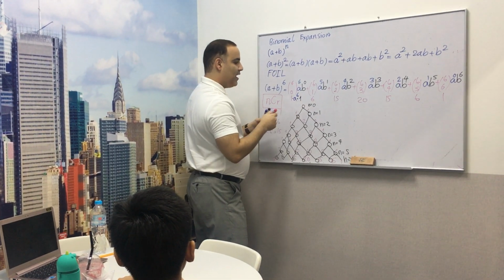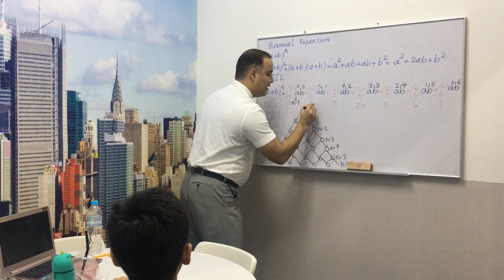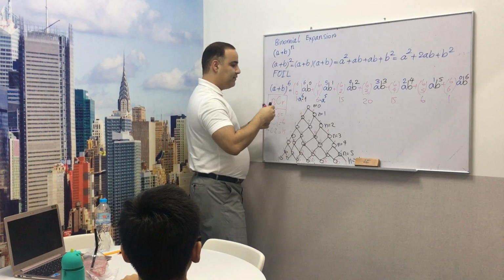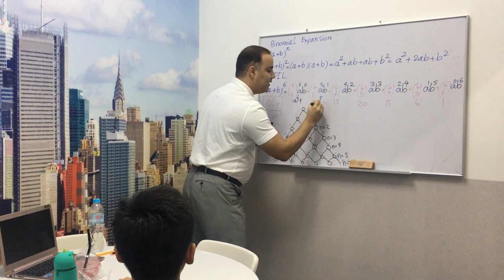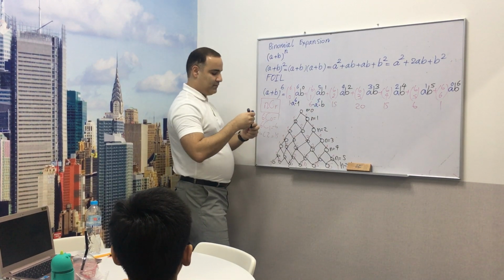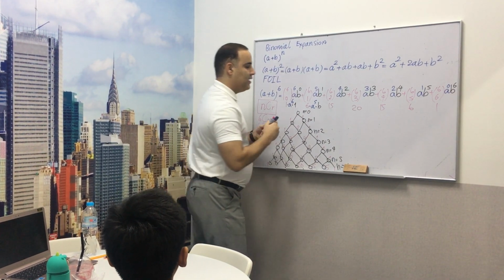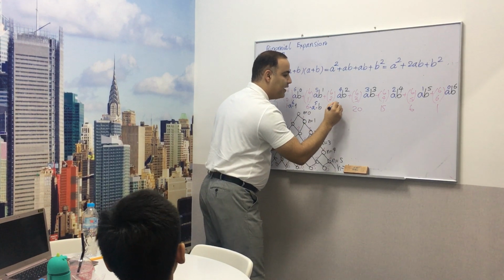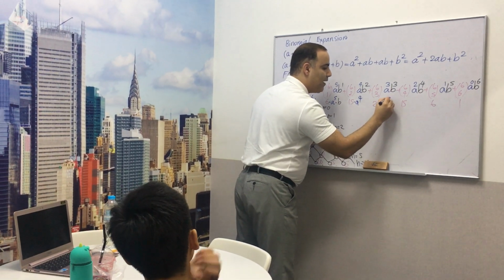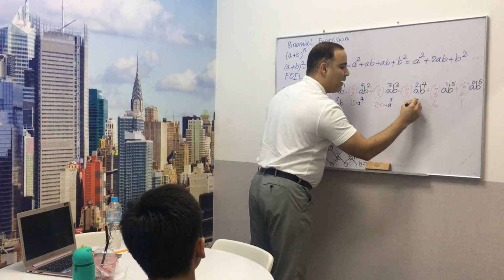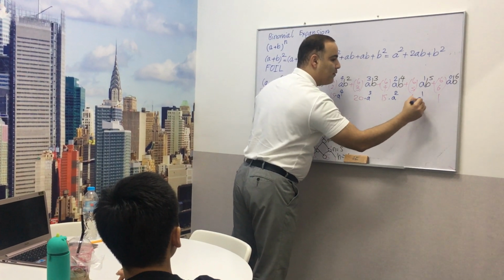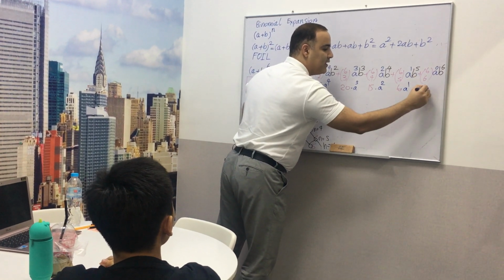Next one, 6 times a to the power of 5, b to the power of 1 is b. Next one, I just write a squared, a to the power of 4, a to the power of 3, a to the power of 2, a to the power of 1, and this one is 1.